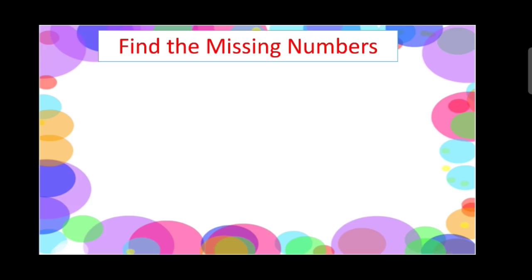So, now, find the missing numbers. Ayan. The first one, 2 over 7 is equal to blank over 14. Sino nawawala? Numerator. So, mapapansin nyo dyan, equivalent ng 7 daw yung 14. Paano naging 14 yun? Saan kaya minultiply yung 7? By 2. Kasi 7 times 2 equals 14. So, minultiply natin by 2 yung denominator.